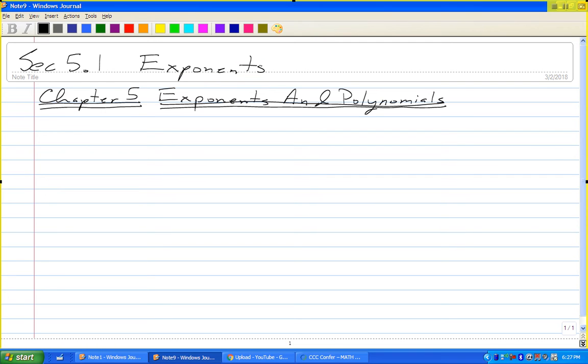First, we're going to look at natural number exponents. Then we'll look at integer exponents, then rational exponents. So first, suppose I have, let's say, 2 cubed.